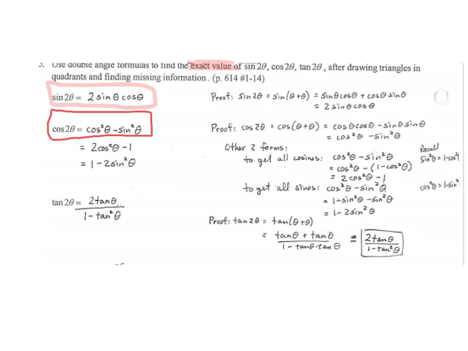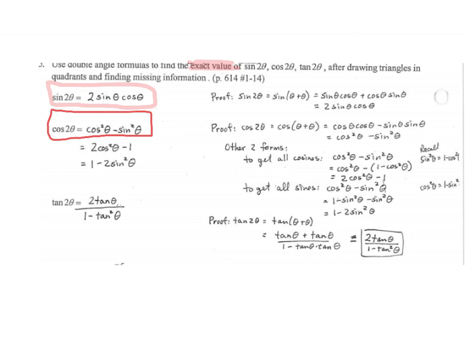They come from the sum angles because instead of there being an alpha and a beta, they're both the same angle, theta plus theta. And you can see the proofs here. You can go through them yourselves. I actually use these two formulas that I've boxed here to help me remember the sum formulas, because the sine of 2 theta equals 2 sine cosine is very simple, and it helps you remember that those are the ones that go sine cosine.